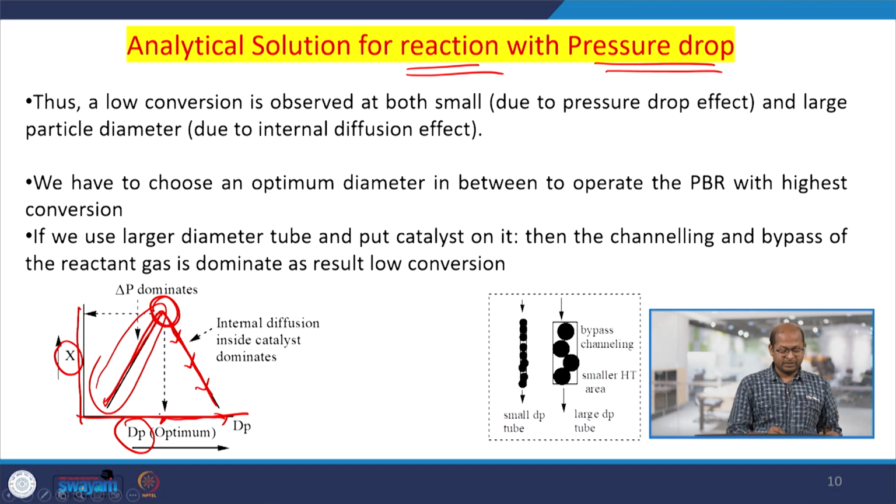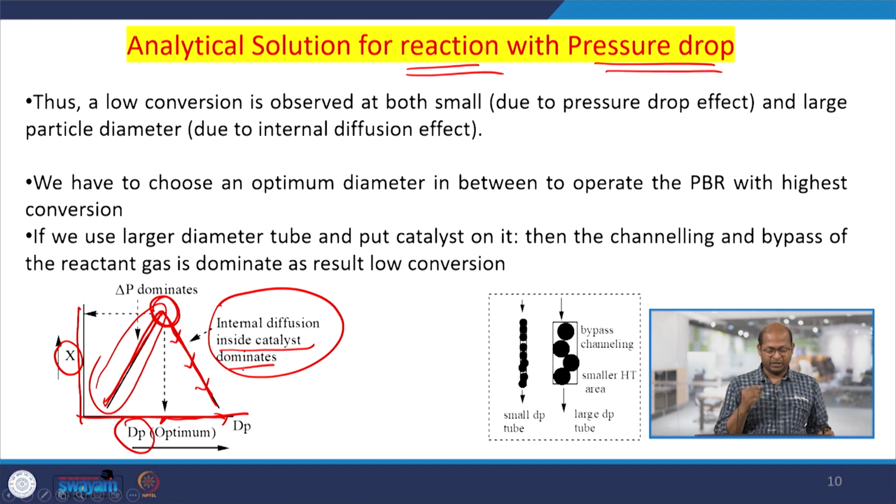Up to here the pressure drop gradually decreases, and here internal diffusion inside the catalyst particle will dominate. If we increase to a larger or bigger particle size, internal diffusion will affect the rate. With a smaller particle diameter, internal diffusion is very low or negligible. Once we increase the particle diameter, the diffusion part will dominate and affect the overall rate of the reaction.